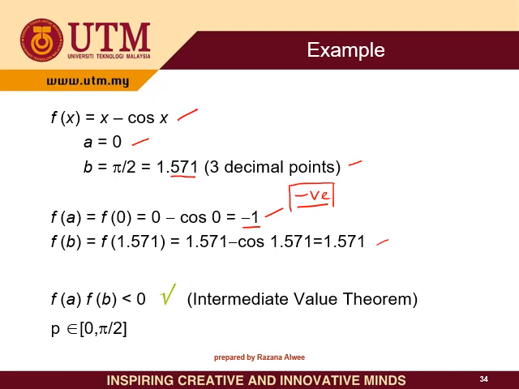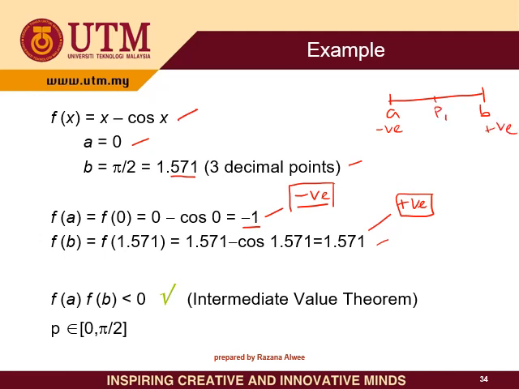Okay, I will show you the table that we need to do. I want you to do the table. So f(b) here is positive. Let's say this one is a, this one is b. Your a is negative, and this is positive. So you have your p1, right?